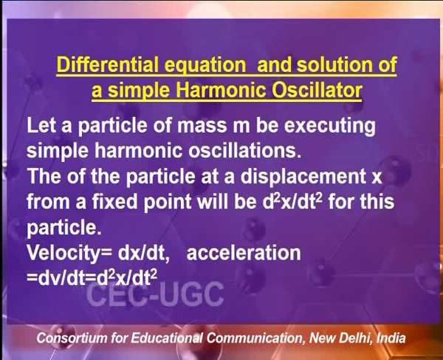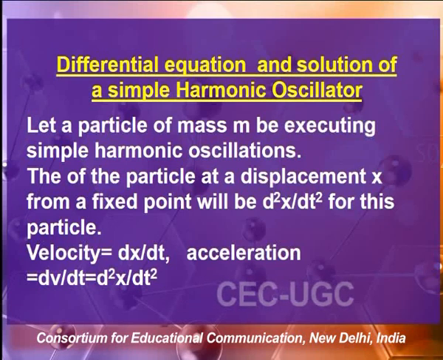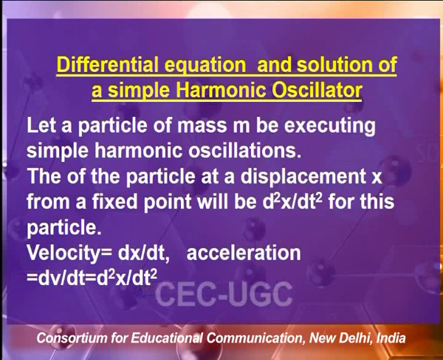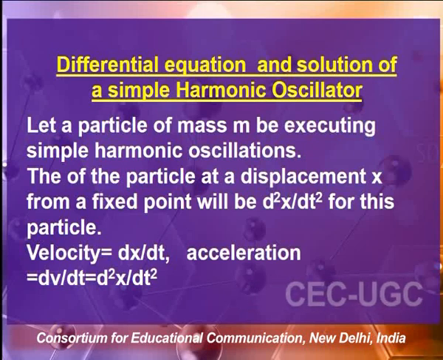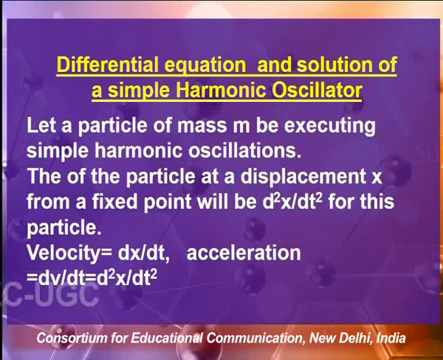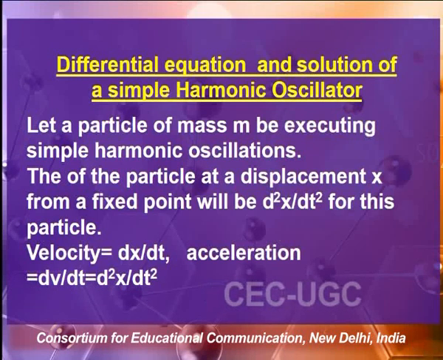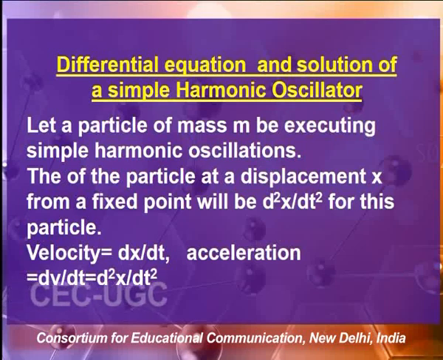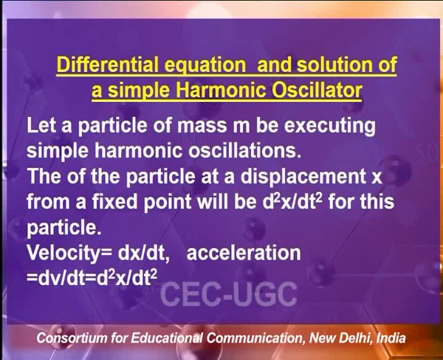If we have a displacement x, we can calculate the velocity, just the first derivative of the displacement. So velocity equals dx by dt. After that, we can also calculate the acceleration if we know the velocity. We have to do the derivative of that velocity, that is dv by dt, and that is equal to d square x by dt square.